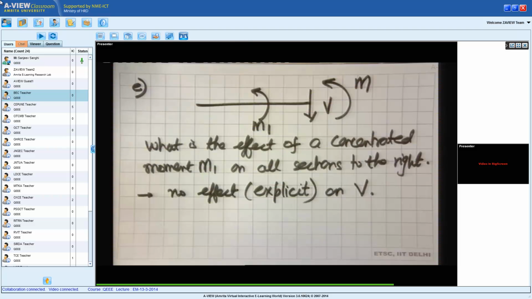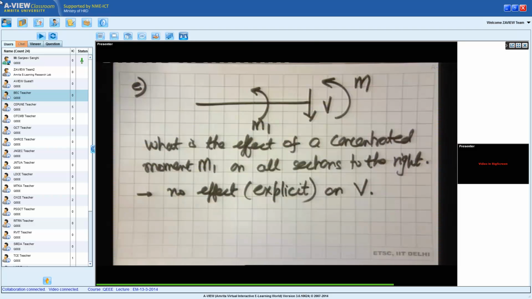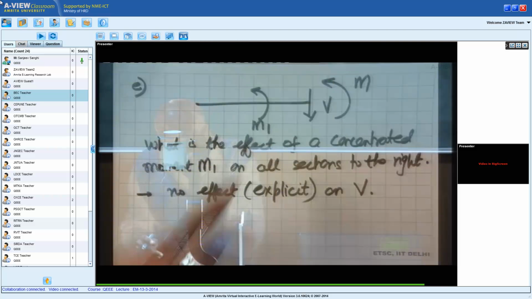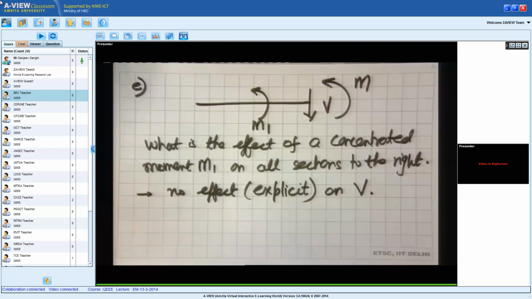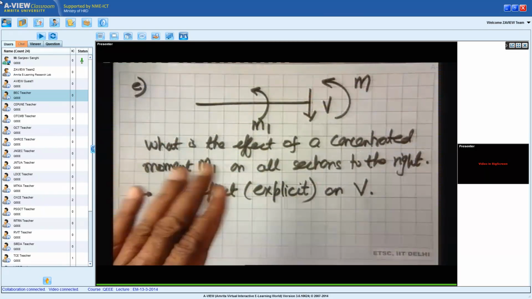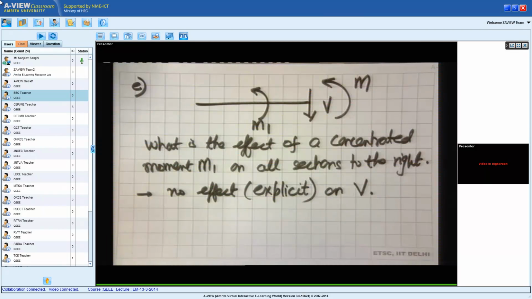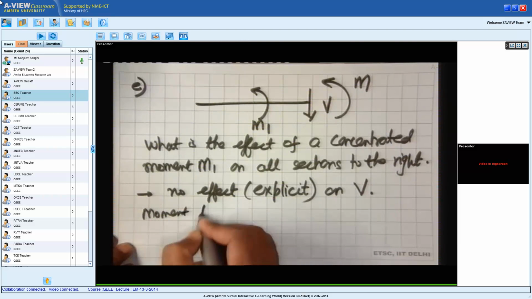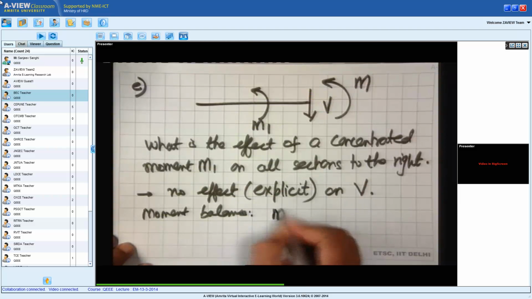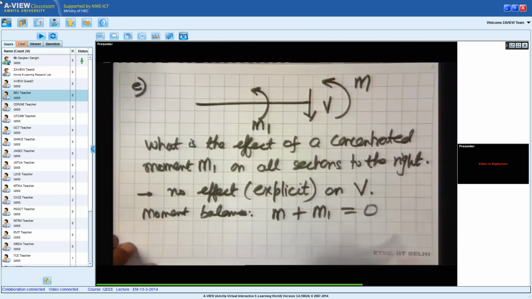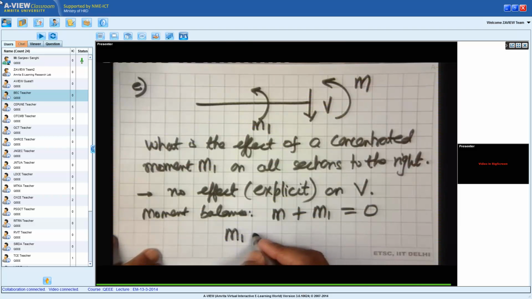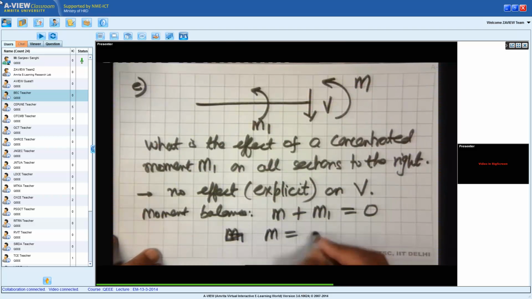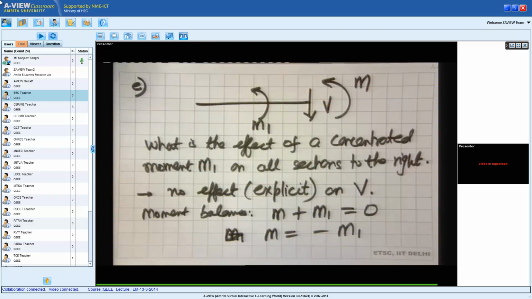In the shear force diagram, the presence of a concentrated moment will not make any difference at that point locally. Overall it will have an effect because the reactions will change depending on whether M1 is there or not. But otherwise, when you are drawing the diagram, at that point there will be no effect on V. And if we do a moment balance, then what we get is M plus M1 is equal to 0. That means M is equal to minus M1.